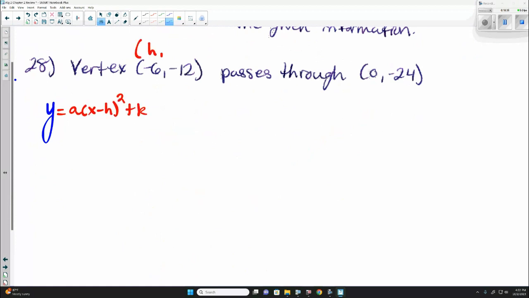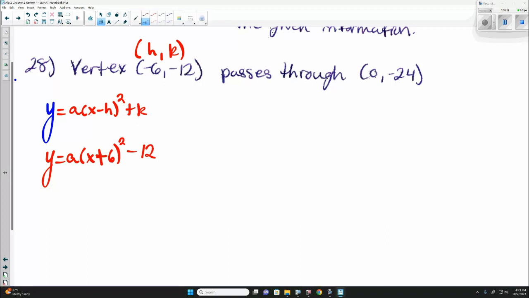Now the vertex is our h comma k. So that gives us the first part of this equation, because it tells us the h value is -6 plus our -12. Well, the negative makes a plus, and our plus -12 is just, well, we can say -12. So we found 2/3 of the equation.